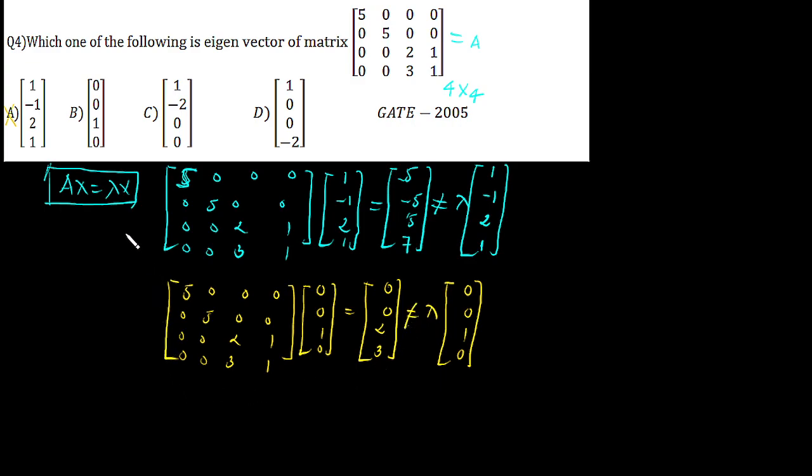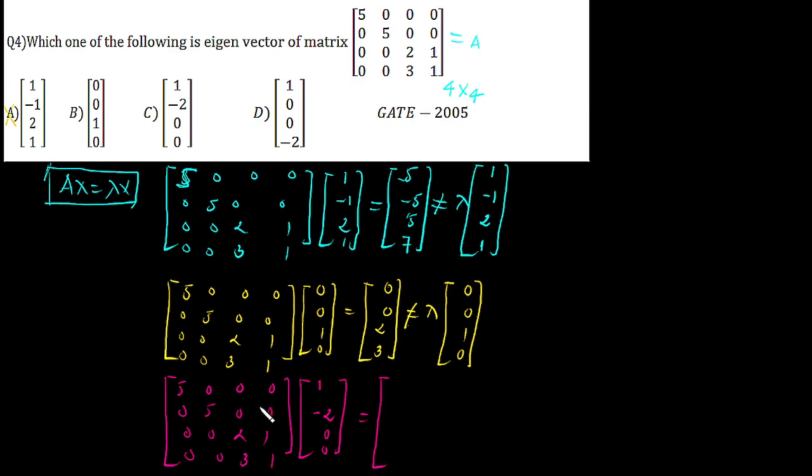Now let's move to the next option, which is option C. Let's put the matrix as it is here, 5, 0, 0, 0, 0, 5. Now let's multiply it with the vector present in option C and find the resultant vector.